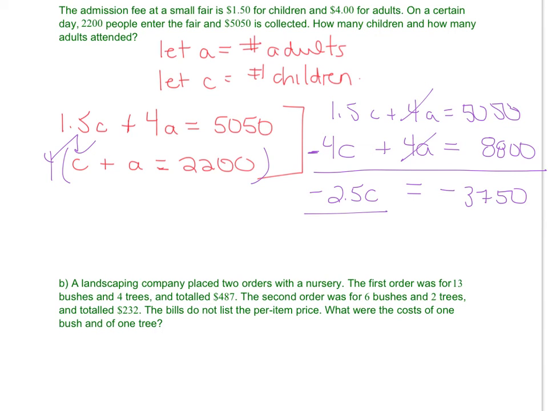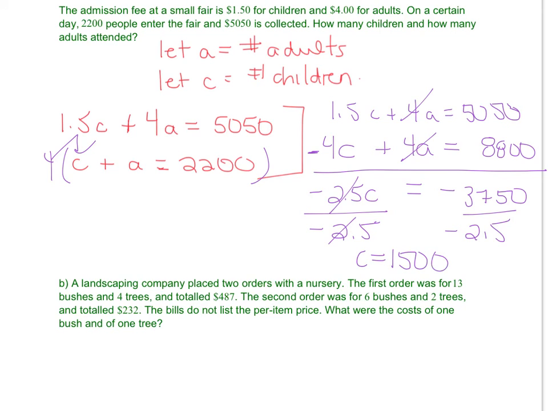I want 1C, so I'm going to divide each side by negative 2.5, because negative divided by negative is a positive. So negative 3,750 divided by negative 2.5 gives me an answer of C is equal to 1,500.